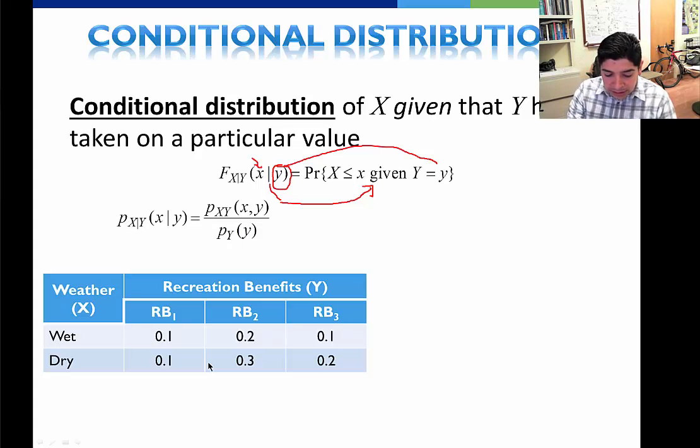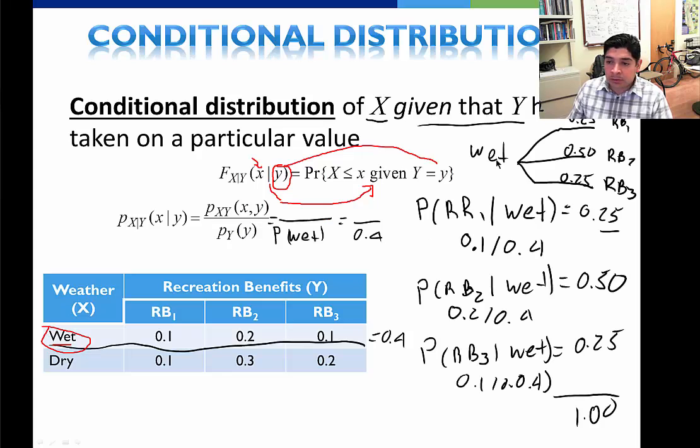What is the probability that the benefits happen given that the condition is wet? So wet happens. What is the probability that we're going to have recreational benefits number 1?